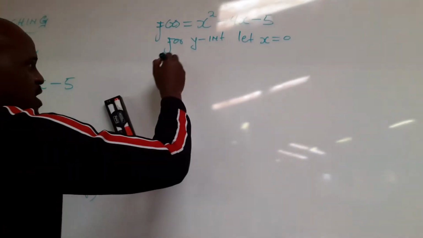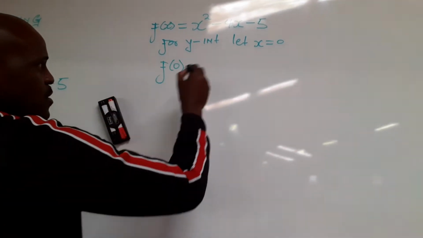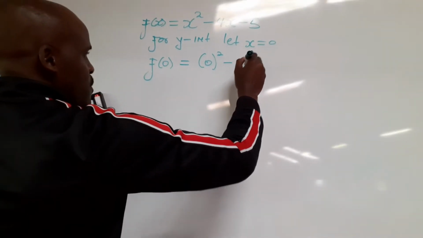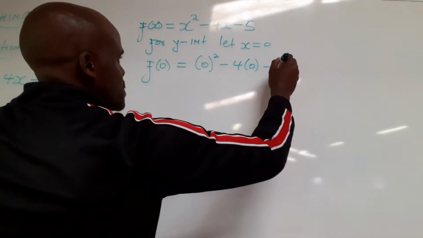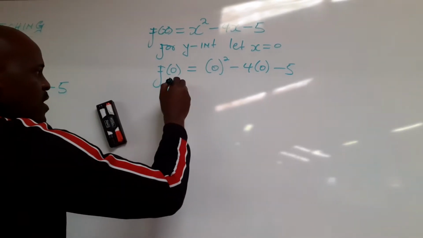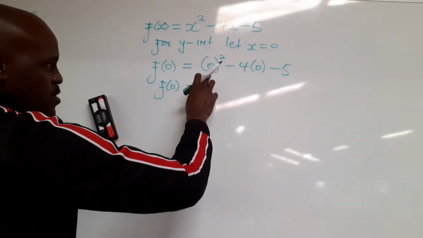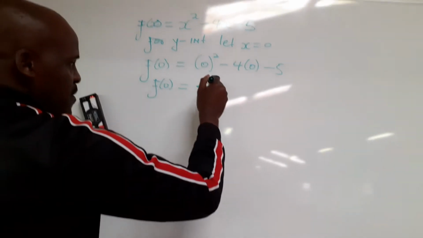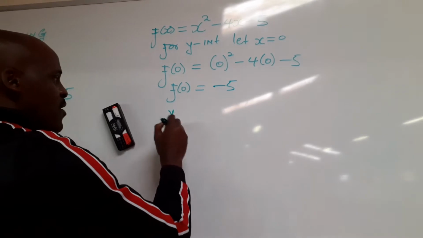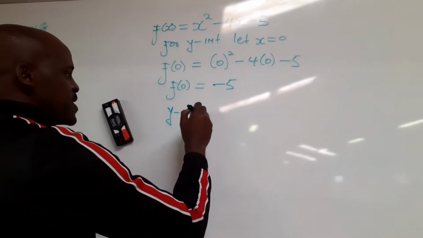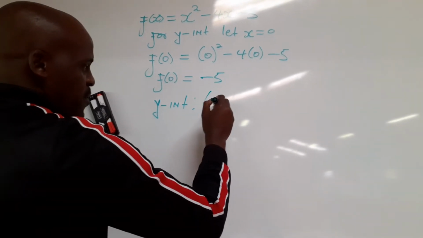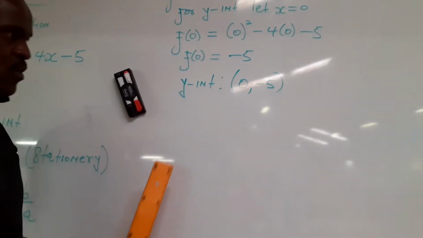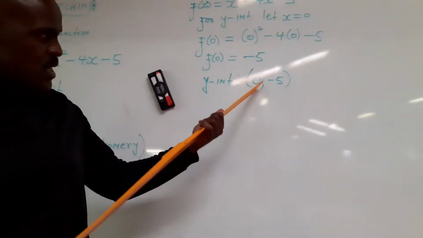In other words, we are to find f(0). This will be 0 squared minus 4 times 0 minus 5. Therefore, f(0) is 0, 4 times 0 is 0, we are left with negative 5. In other words, our y-intercept is (0, -5). That's our y-intercept.